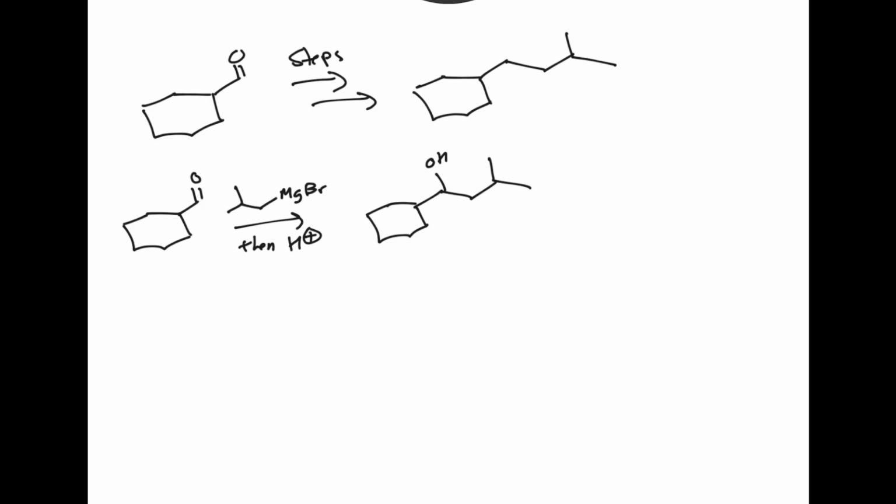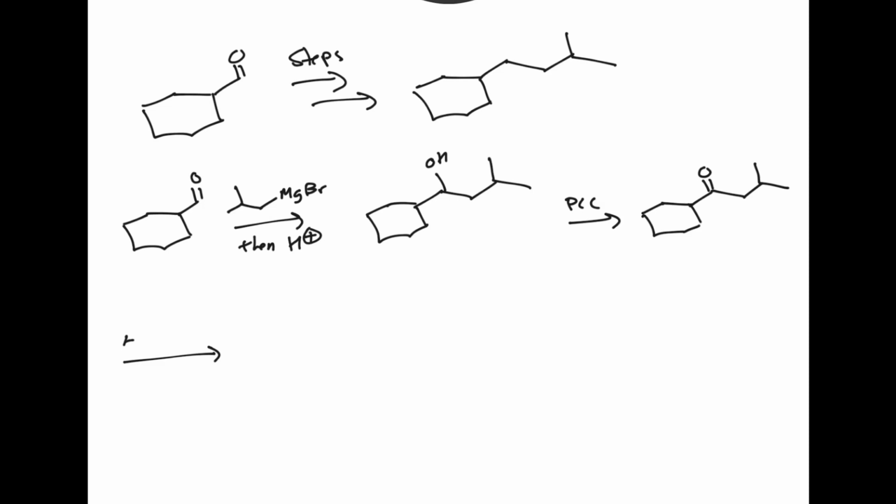I've got all the carbons that I wanted in my product, but I've got this extra oxygen hanging around, right? So what we could do is turn this into a ketone, say using PCC, and then use the Wolff-Kishner to turn it into a CH2.